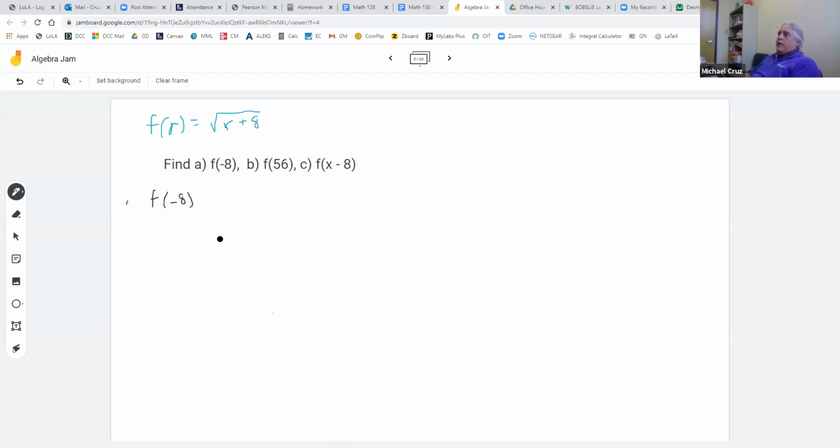So this is A. And so the inside, when you do that, is going to be equal to 0, right? What's the square root of 0? It's just 0. Okay. So that's all that function notation means. It just means plug in.